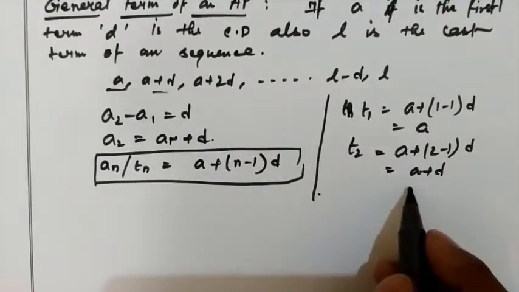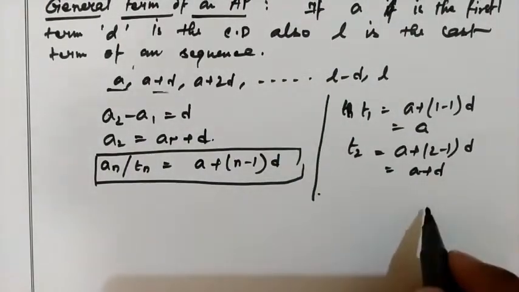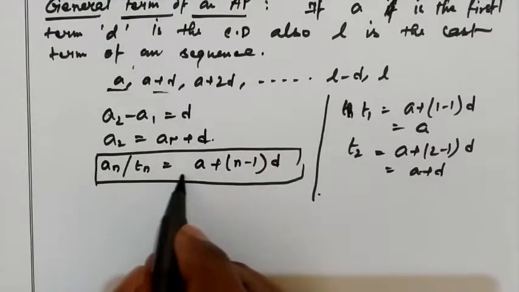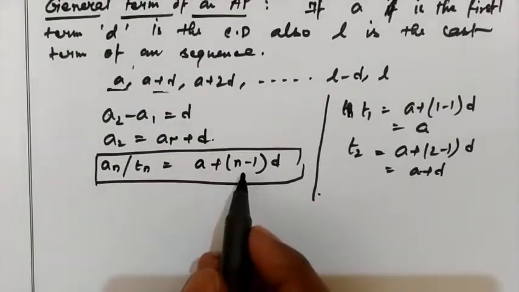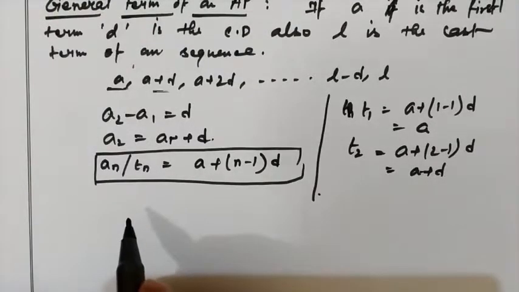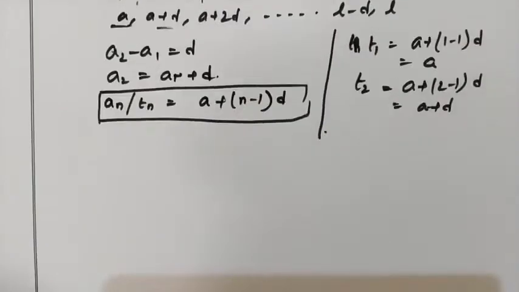Similarly T3 will be A plus 2D. In this way, we will get Tn is equal to A plus n minus 1 D. This is the general term of an AP. Now we'll solve some examples.